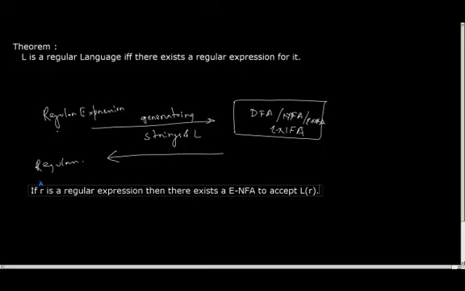So if R is a regular expression, then there exists an epsilon NFA to accept the language L(R). This represents the first way arrow, represented by my first claim.